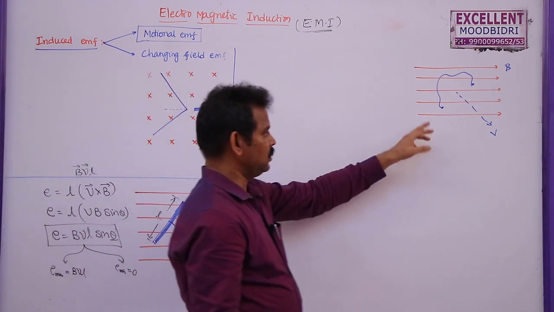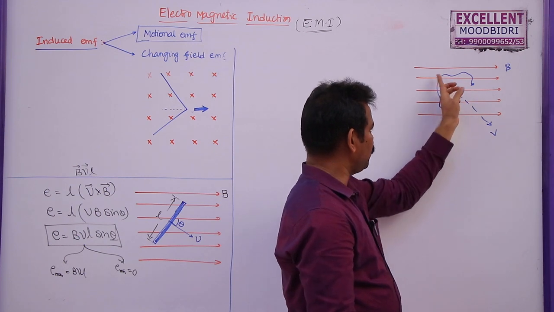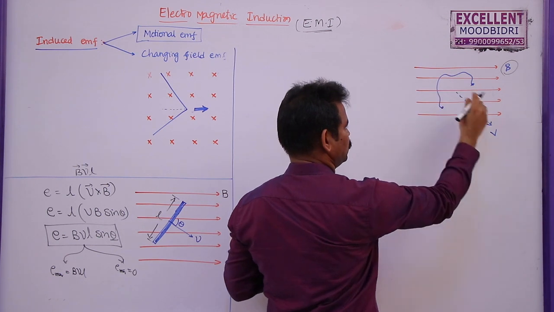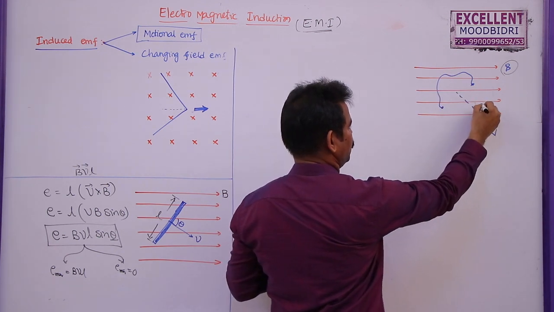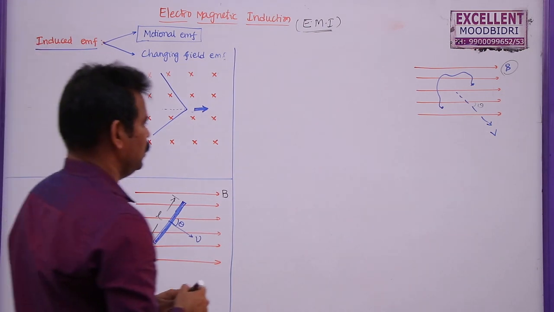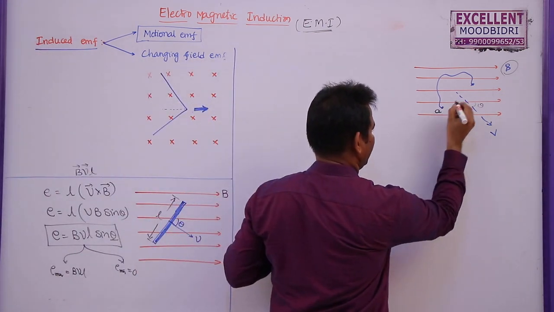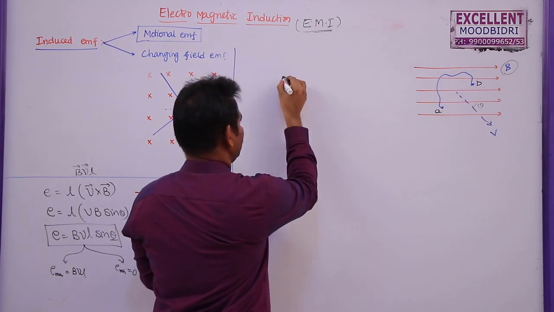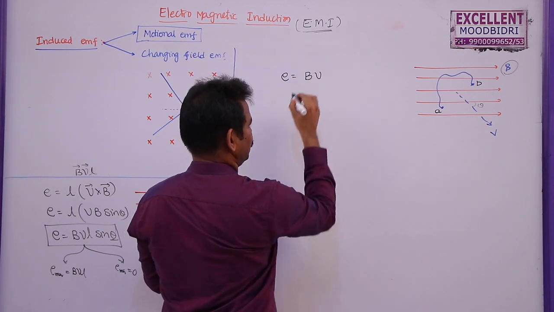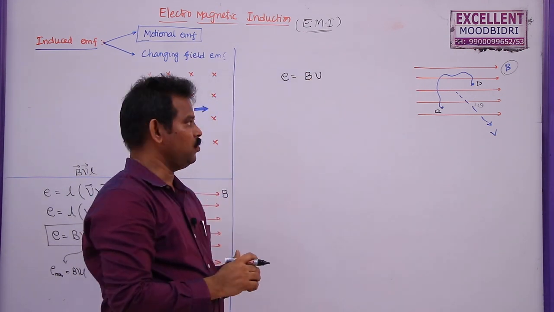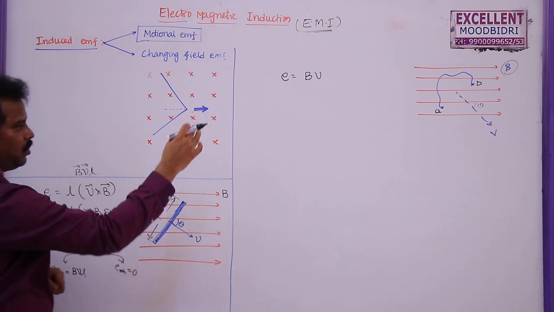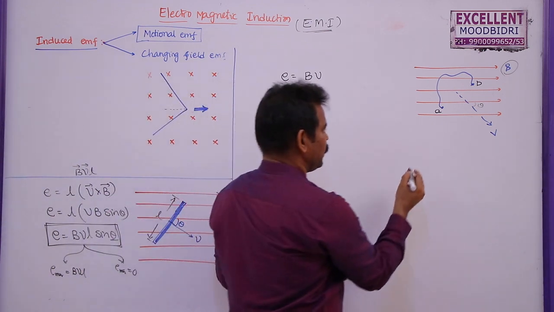Similarly, in this case, I have taken a conductor of irregular shape, the magnetic field induction is B, and this conductor is moved along this direction at an angle theta with the field. So what is the EMF induced between the two ends of this rod? Let me take this point as A, this point as B. The EMF induced is given by magnetic field B, velocity V, but what is the L value here? The formula is BVL sin theta for a straight or irregular rod, but what is the length here?